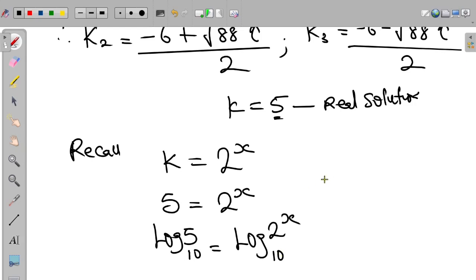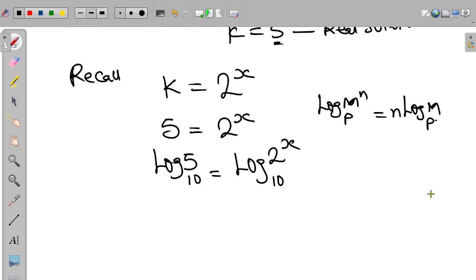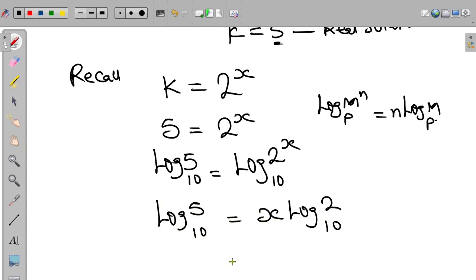Now, from the index law of logarithm, we have that log m to the power of n in base p can be expressed as n multiplied by log m in base p. So therefore, we have it that this is log 5 in base 10 equal to x multiplied by log 2 in base 10.